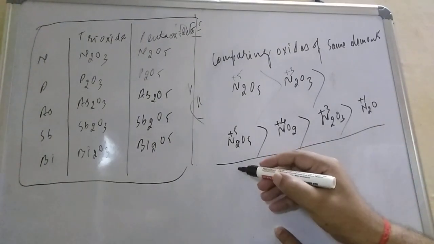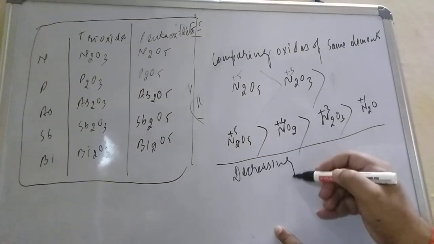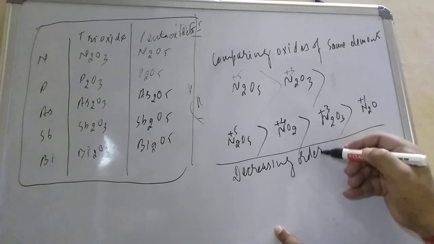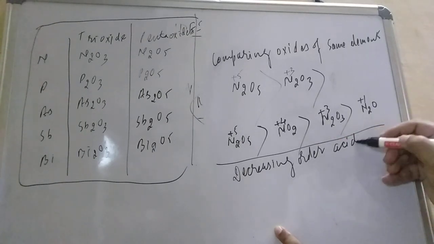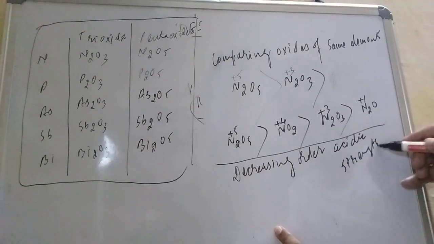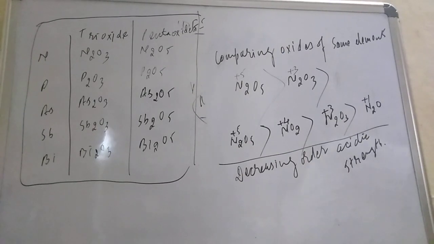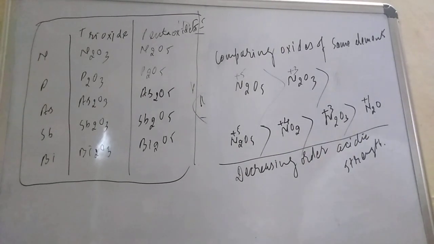This is the decreasing order of acidic strength. What I mean to say is that oxides of higher oxidation state are more acidic compared to oxides of lower oxidation state.